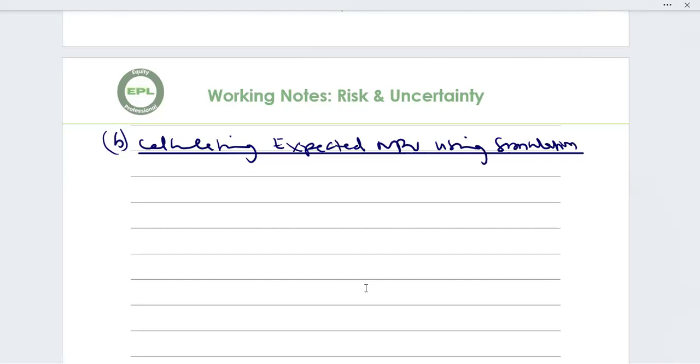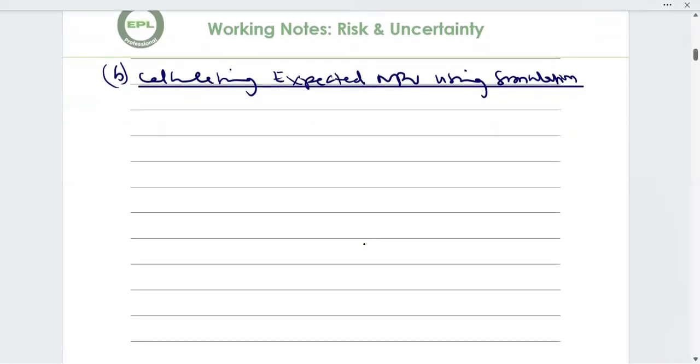So that's what you're asked to do in B. The first thing you need to do is to simulate for each variable of receipt and payment. Therefore, simulating for revenue.